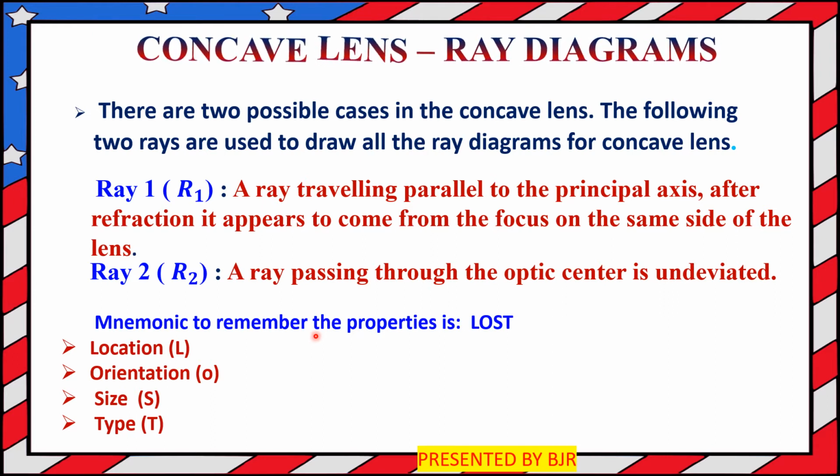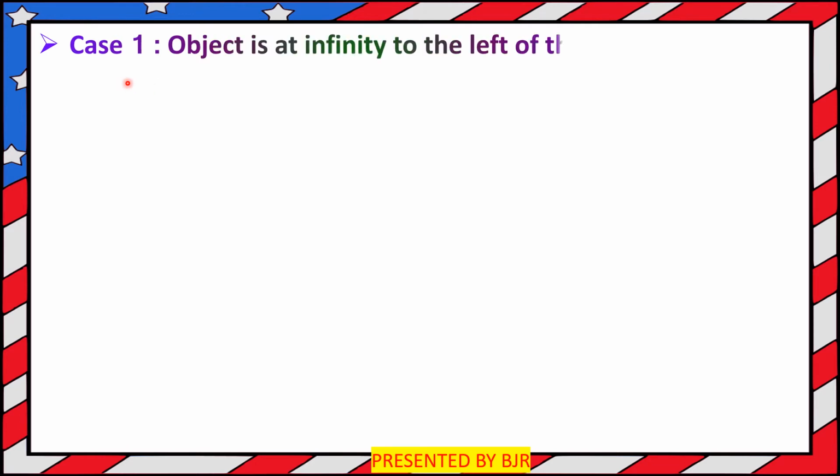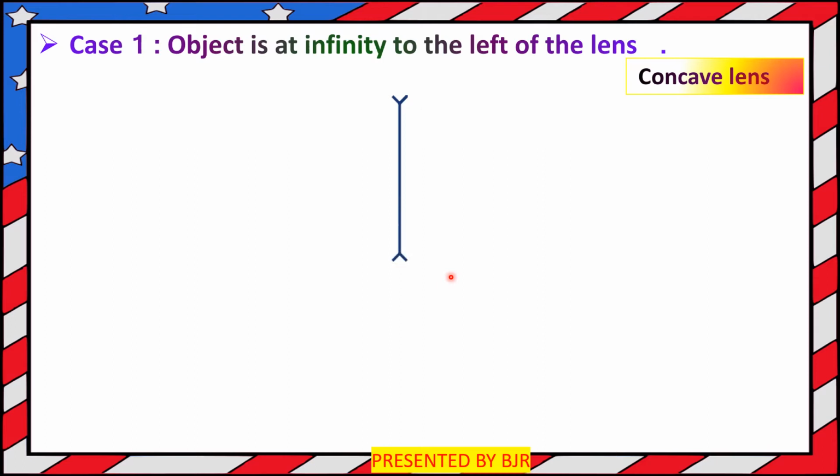Here is case 1. In the first case, I am going to place the object at infinity. So case 1 is object at infinity to the left of the lens, and this is a concave lens.